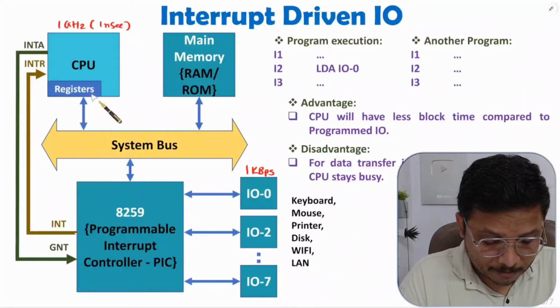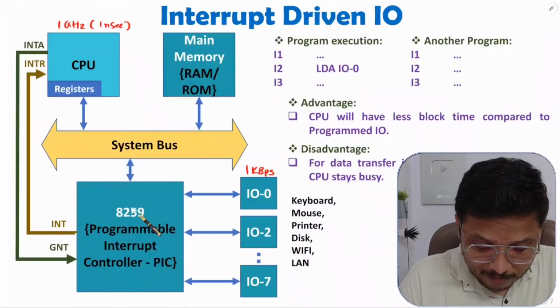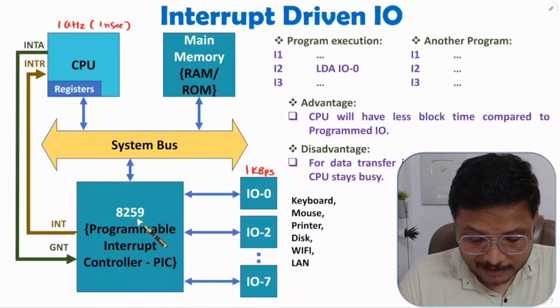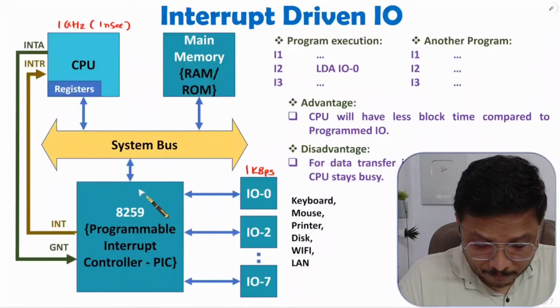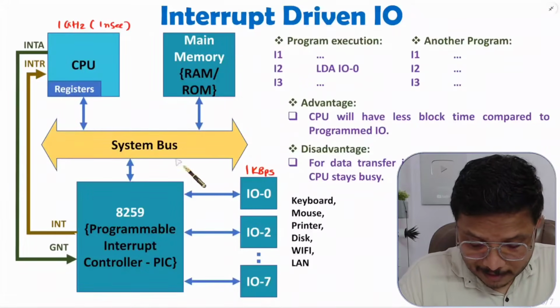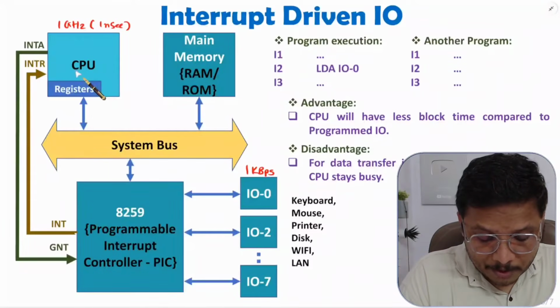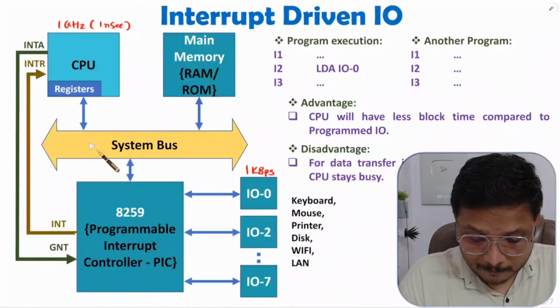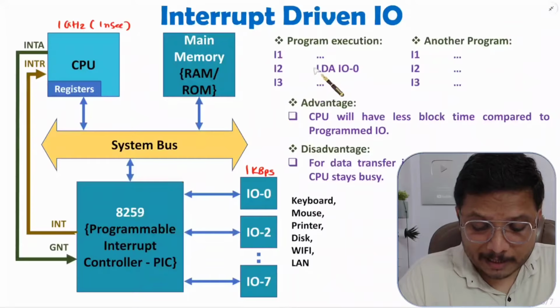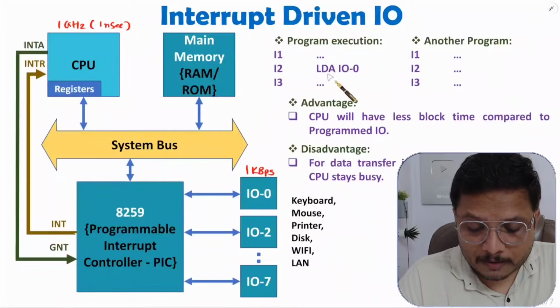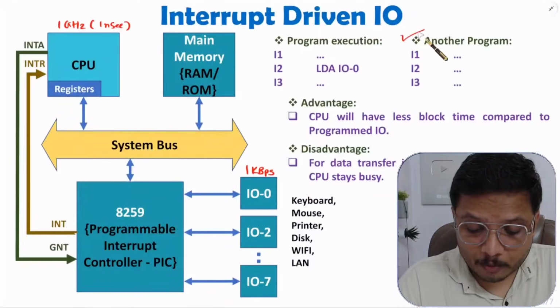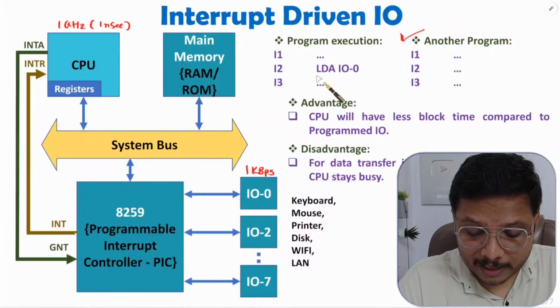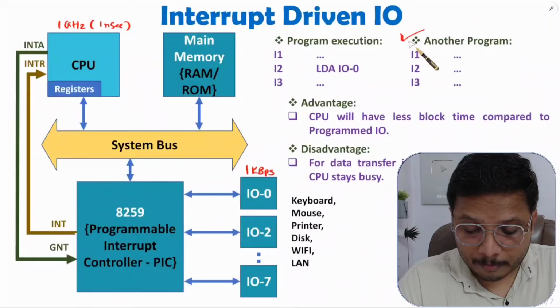Now see what will happen. That request is taken by the 8259 IC. Once the 8259 IC takes this port address, the CPU is free to do other work. Practically, the CPU will pause execution of this program and perform some other program; it will not wait here.